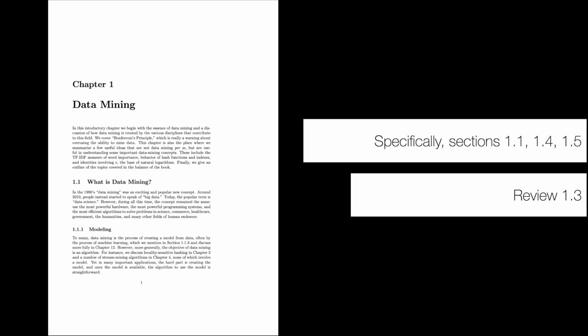And 1.3 is a set of useful concepts that you should at least have some familiarity with. So if you can skim 1.3, if you're already familiar with everything in there, that's great. If you're not, read those a little bit more closely, because we'll use basically every concept that's in 1.3.